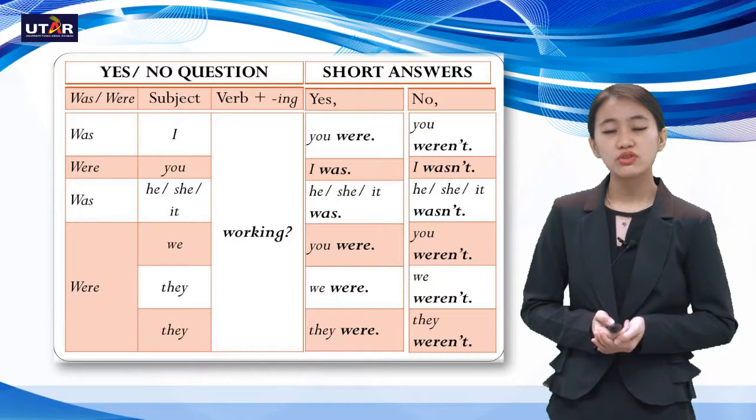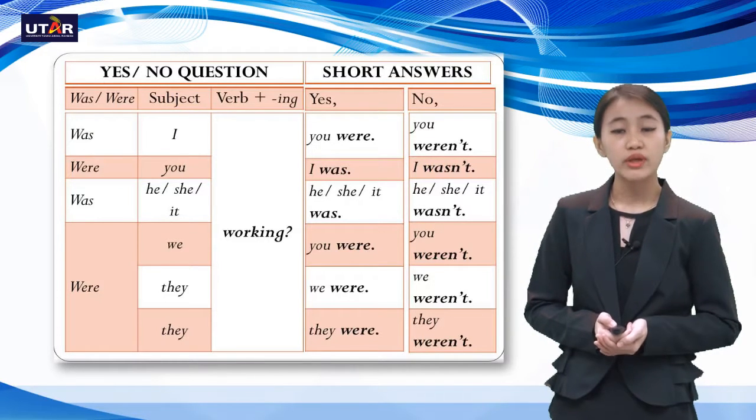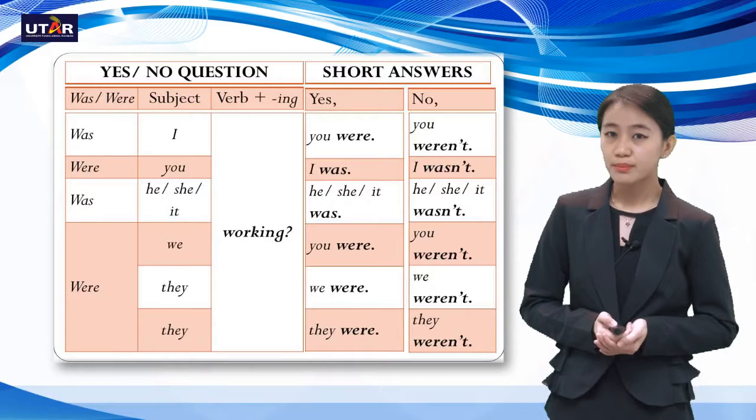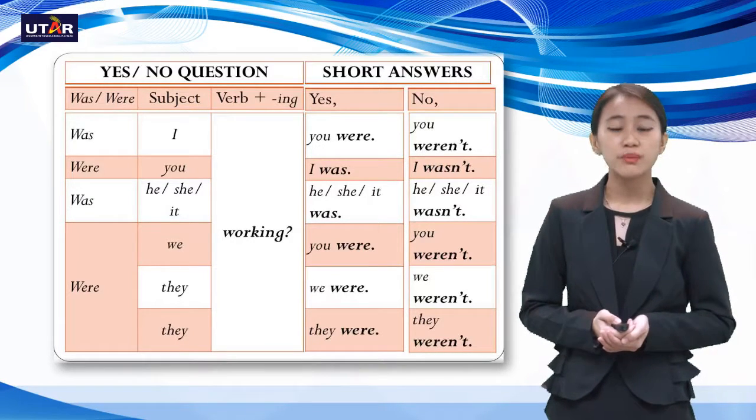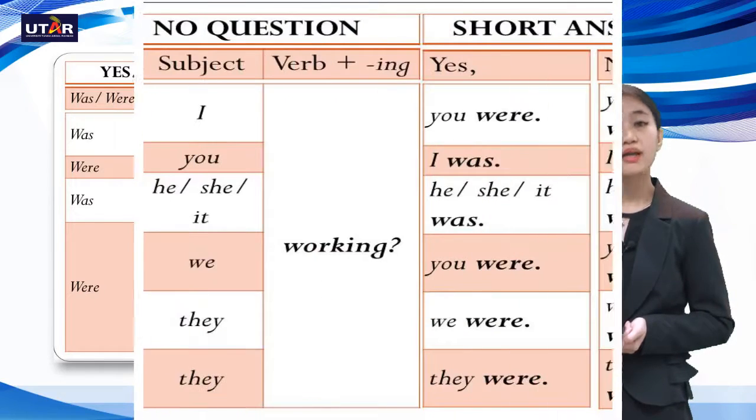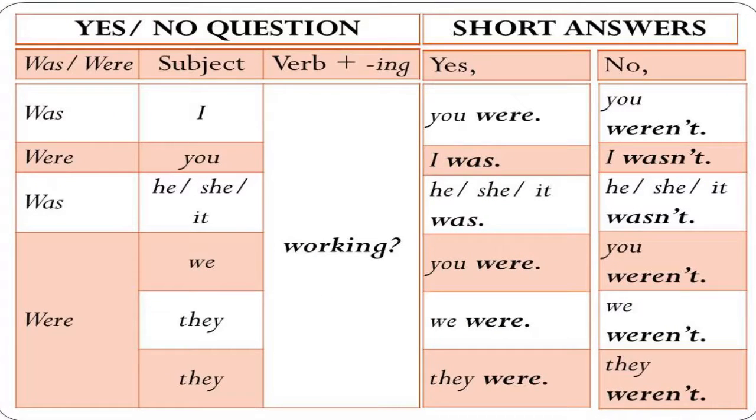Now, if you want to construct a yes or no question, you start with was or were, followed by the subject, and then your main verb, which is verb with ing. So similar to a question form, you have your auxiliary verb, your subject, followed by the main verb. Now, example here: Was I working?